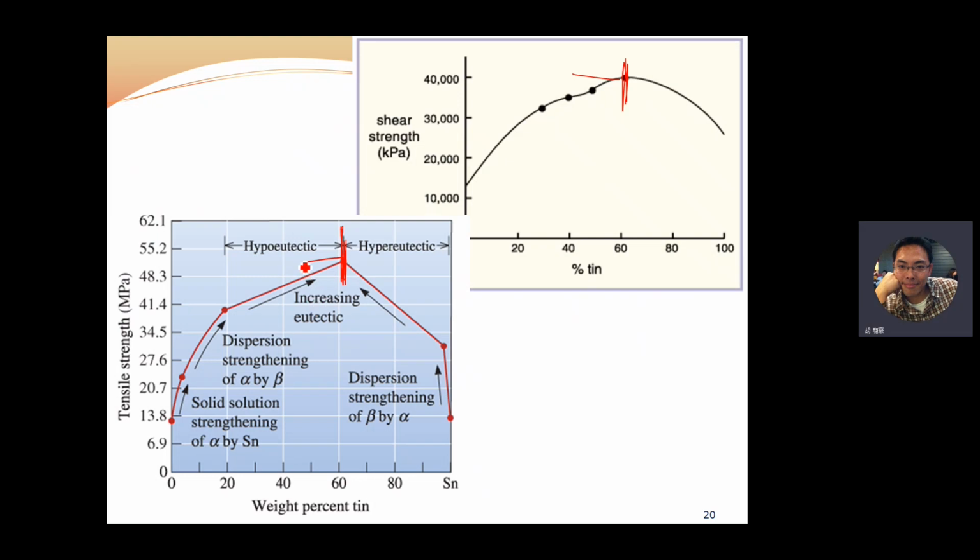Okay, so on the left side of the eutectic reaction, that's the solid solution strengthening of alpha by tin initially at this point. And gradually the dispersion strengthening of alpha by beta for the hypereutectic reaction. Okay, so what's the definition of this point?